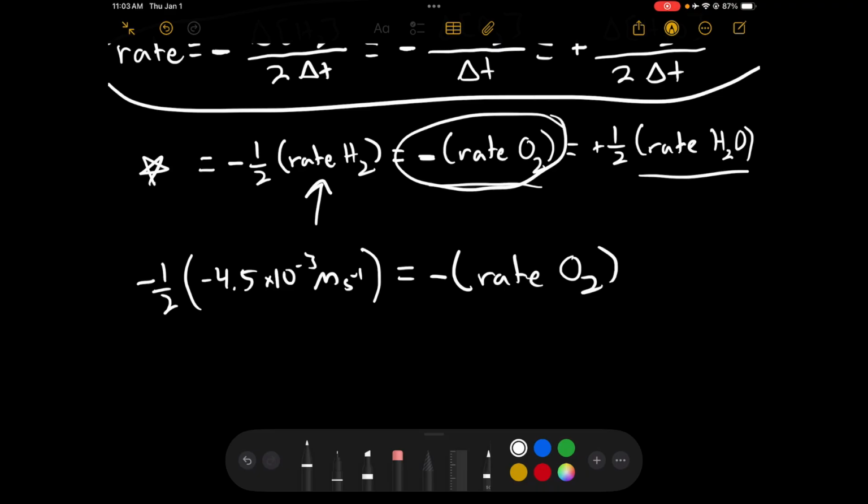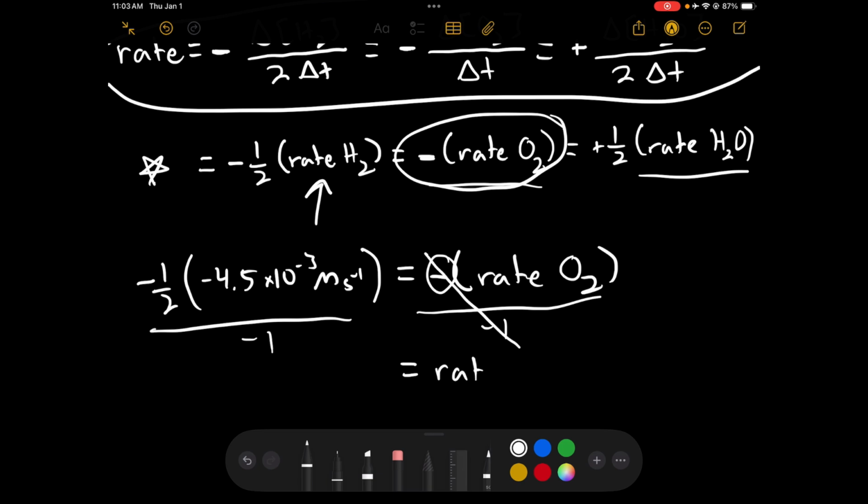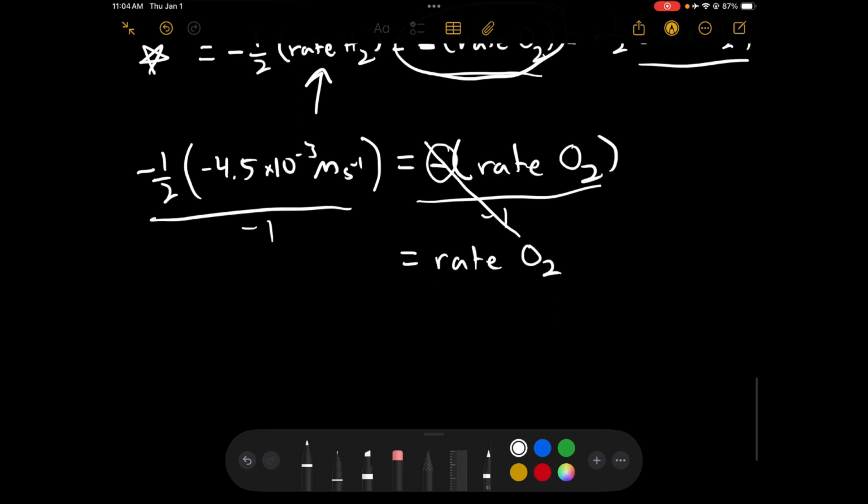What we have to do to solve is just get rate of O2 by itself, because that's the thing we're solving for. And so we're going to do that by dividing both sides by -1. Why am I doing that? Because I have to get rid of that negative specifically. And by dividing by -1, that negative goes away, leaving me with rate of O2 on one side. And I just have to solve out the rest of this math on the left.